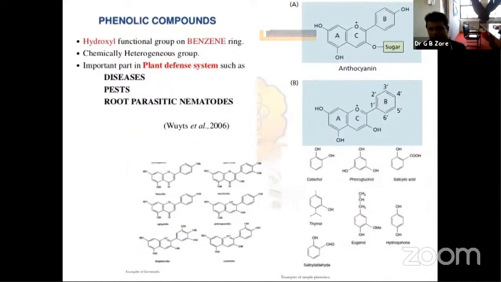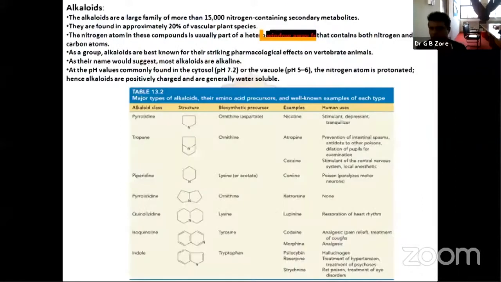Alkaloids are nitrogen containing compounds, and they're very interesting molecules. Several alkaloids have been in use as drugs, and since they are structurally diverse, they are grouped into different alkaloids. So this is a brief account of plant secondary metabolites, or plant derived bioactive molecules.